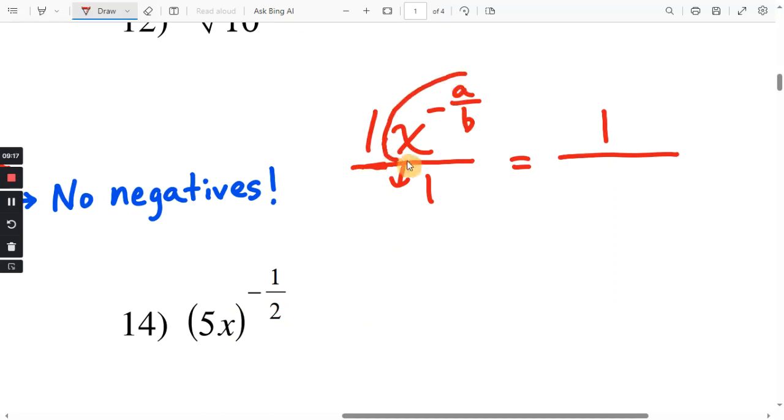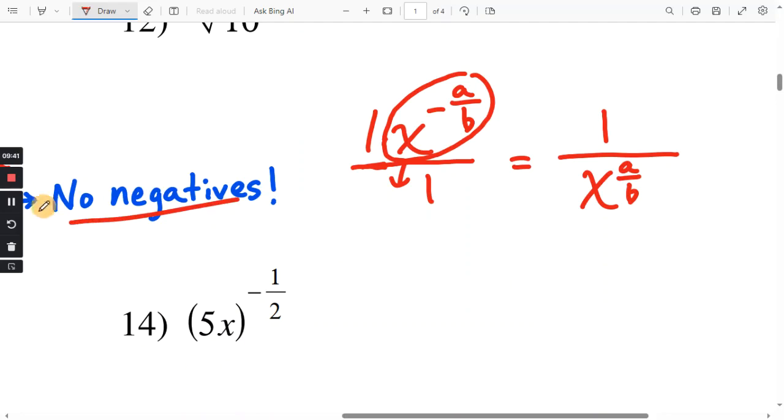So we have a 1 in the numerator and move this whole thing down to the denominator, and now instead of negative a over b, it's going to be positive a over b. All right, so that's how we're going to get rid of any negative exponents.